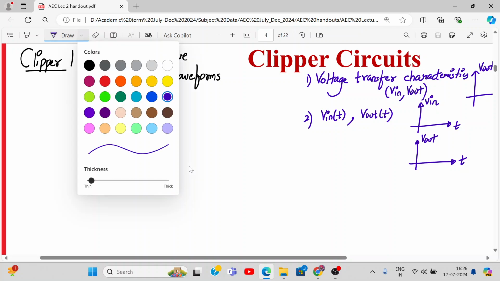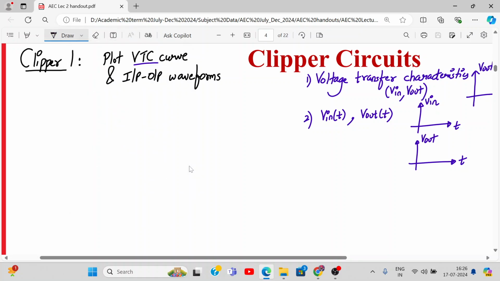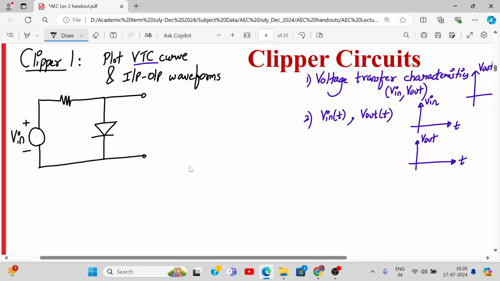So let us start with the first circuit. Please draw the circuit. This is plus minus Vin. We have a resistor and we have a diode connected over here. And this is Vout, between positive and negative.